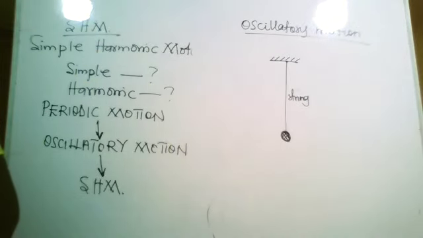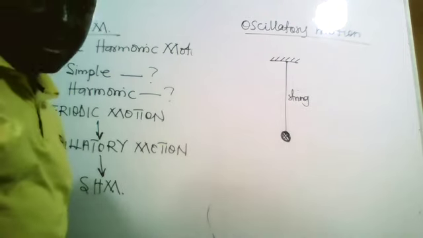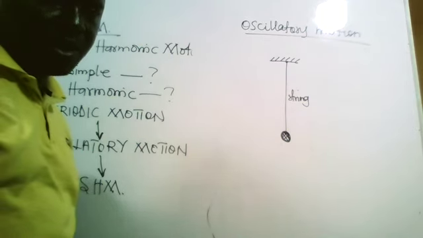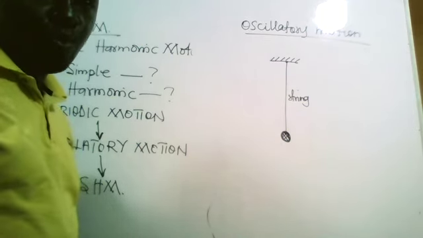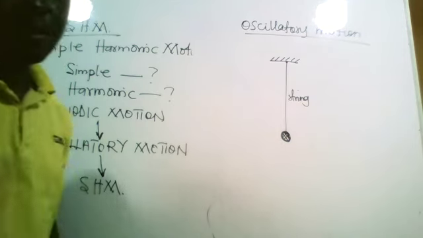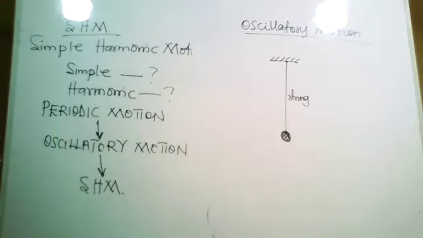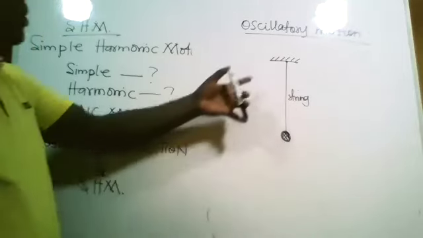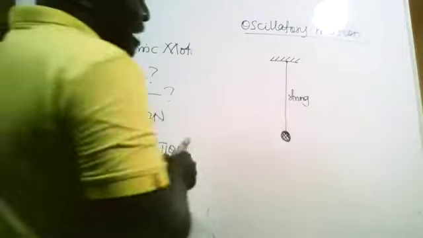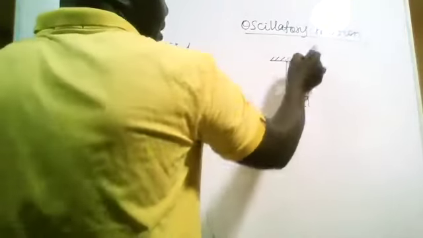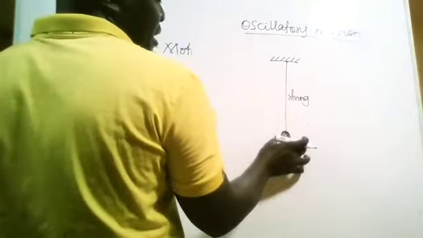Attached to this is a mass. Please let me pick this call and then get back to you. So a simple pendulum is just when you attach a massless string to a fixed point, and then you attach a mass.